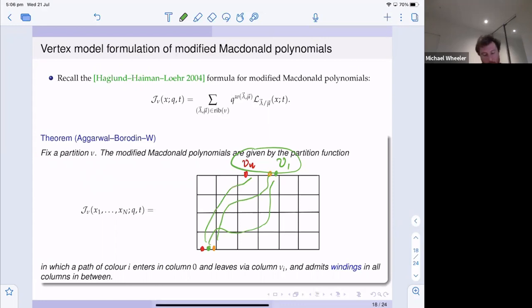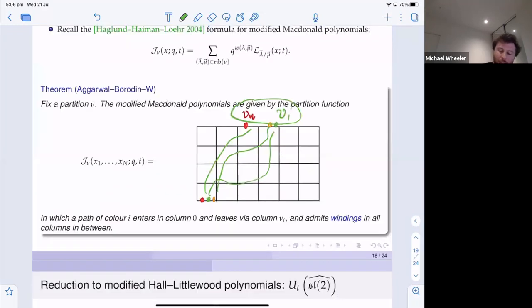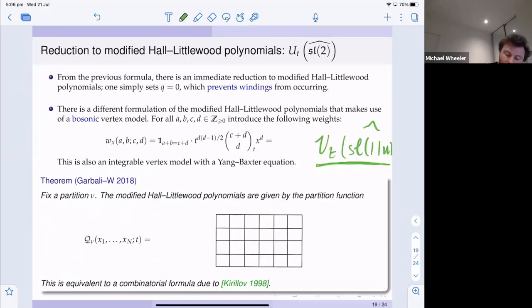And these things have to evolve in some way. So this is the formula that you get for modified Hall Littlewood. Then there is a reduction of this, which is kind of miraculous, but it says if you take the picture now and just replace all of those colored lines by lines of the same color, then you get a colorblind version of the same partition function. And that colorblind version is actually related to the weights that you get for SL2 hat.